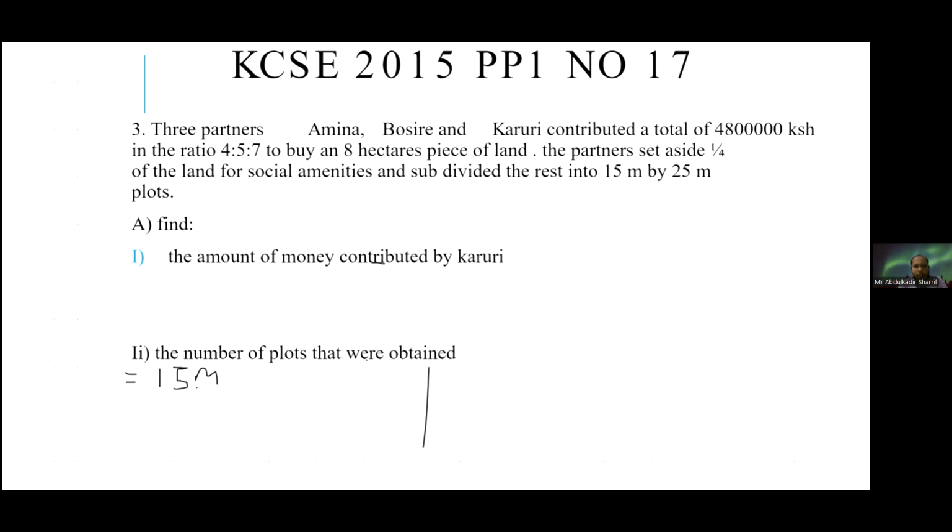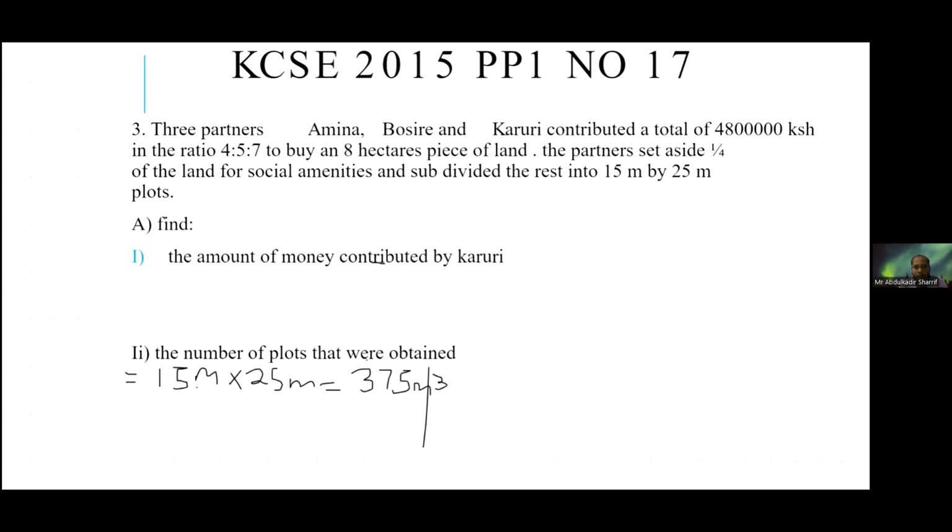So it's equivalent to 15 by 25 is just 375 square meters. But now, since we're dealing with hectares, let's change this into hectares. 375 square meters is the area in terms of square meters.